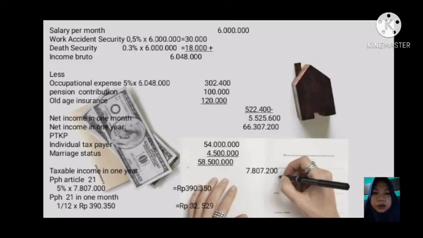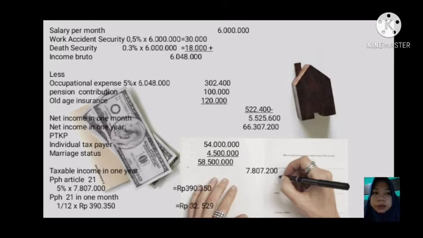We should determine his income, 6 million rupiah. After that, because we know in the question that the employer will pay for work accident security and death security for the employee, we need to add this to Hadori's salary in 1 month.